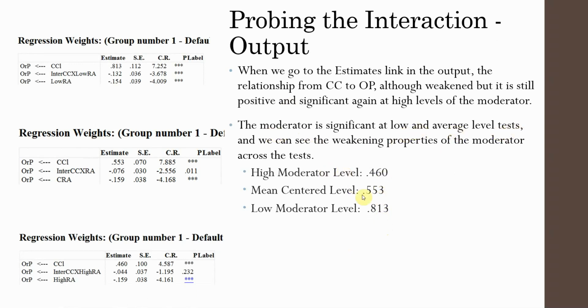That is here, low level, significant. Average level, significant. That is the moderating effect. But at high level, the moderating effect is insignificant. So your moderating variable is not moderating the relationship between CC and OP when it is high. Hence, the construct of RA is moderating the relationship of CC to OP.